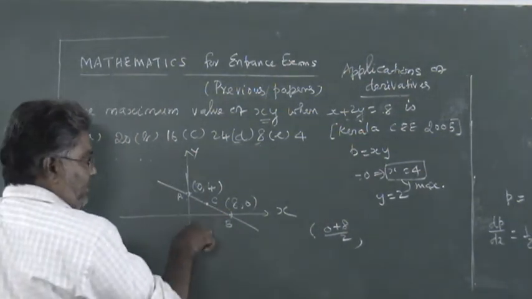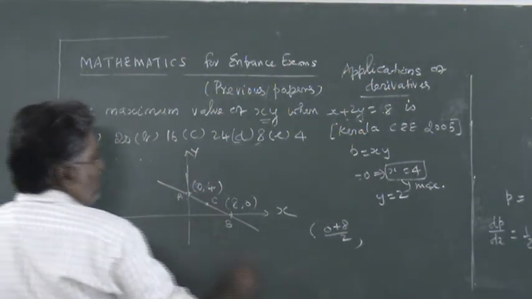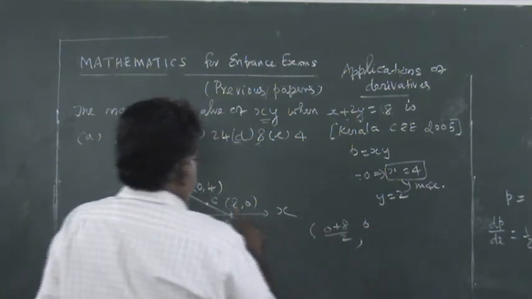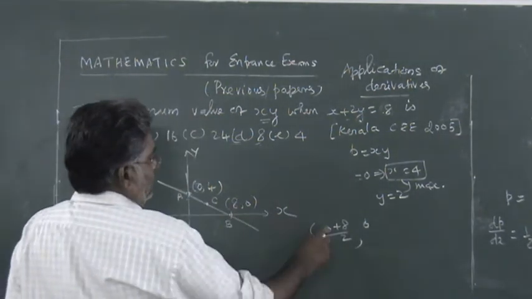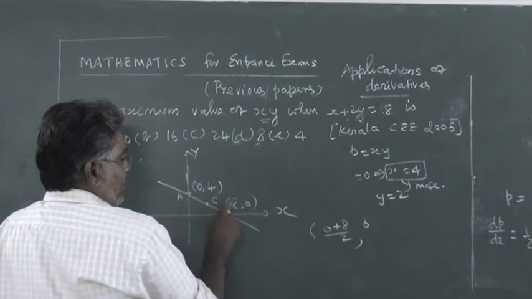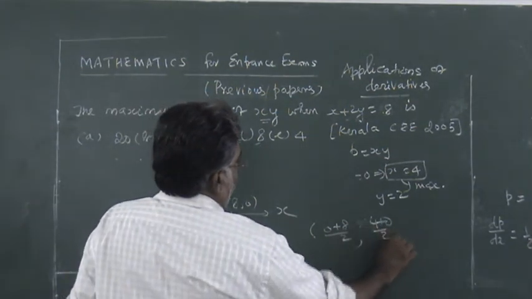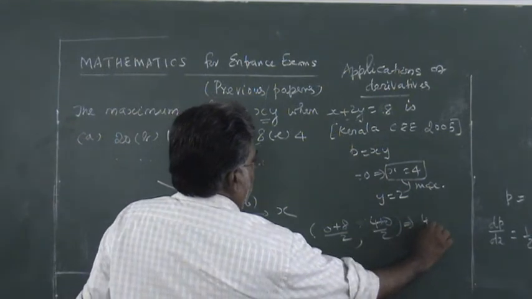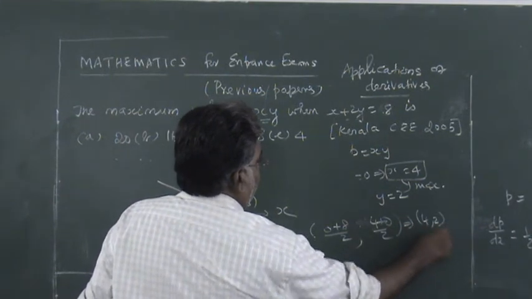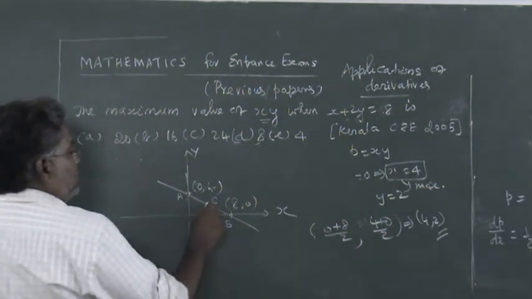And then the y coordinate at the center point: y1 plus y2 by 2, 4 plus 0 by 2. This gives you 4 comma 2.